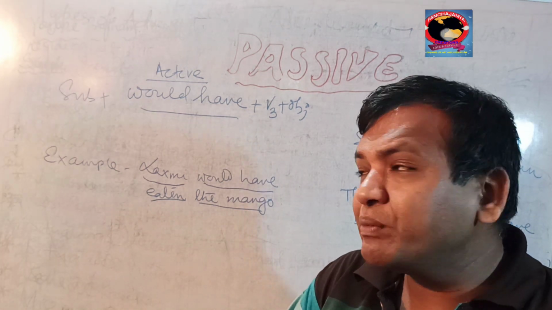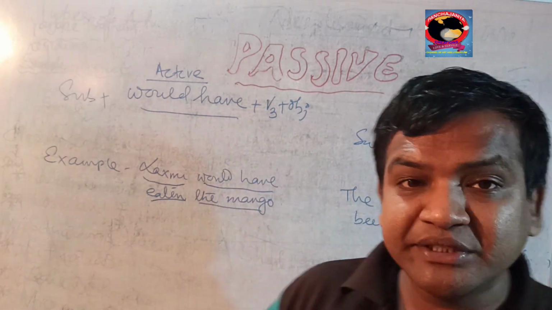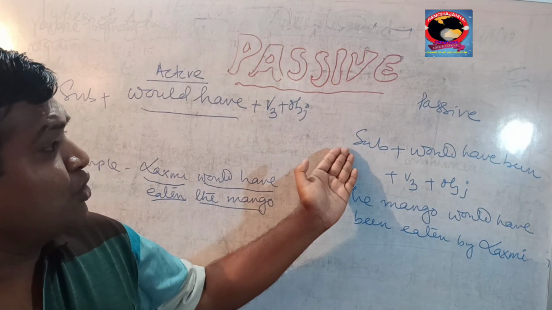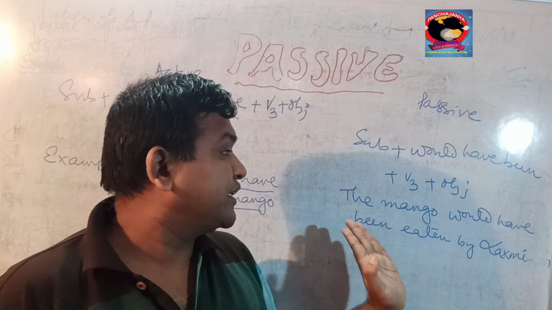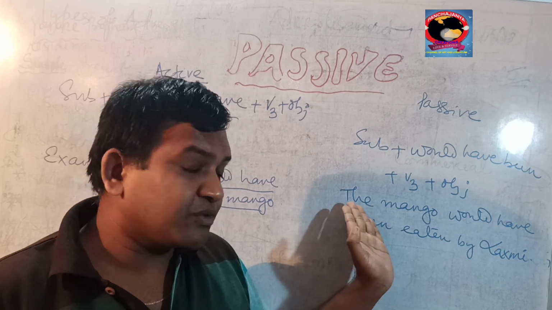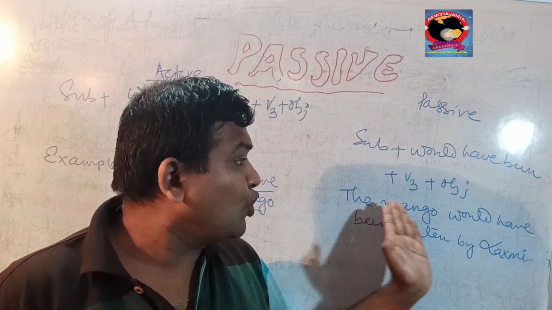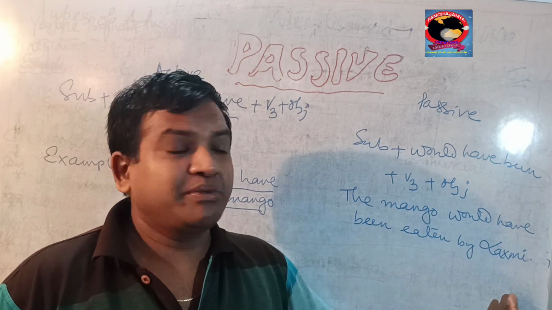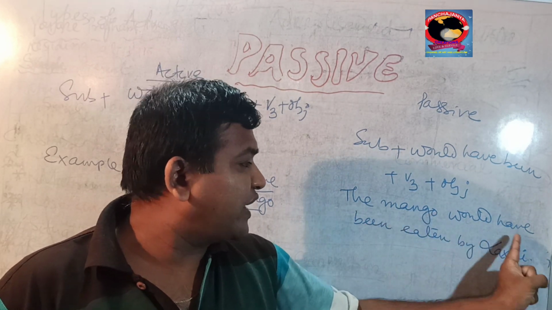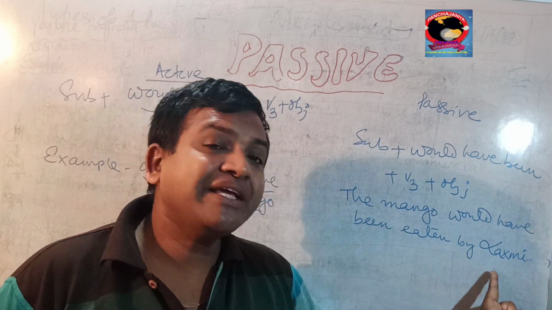Now how to make it? Subject plus would have been plus V3 plus object. The mango, the object, becomes the subject. The mango would have been eaten by Lakshmi.